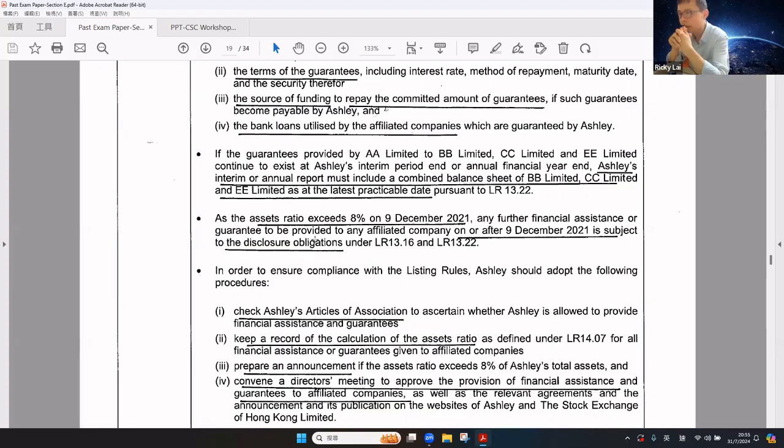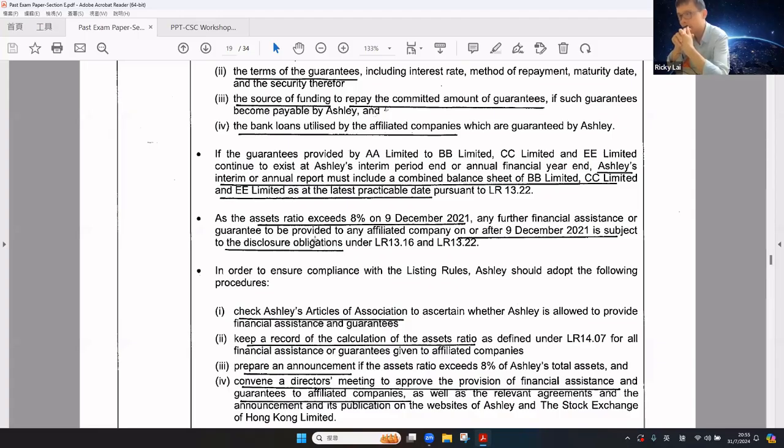With the guarantee provided by A to B, C, and E continuing to exist at the interim period's end or any financial year end, the interim report or annual report must include a combined balance sheet of B, C, and E as at the latest practicable date, not only the announcement.